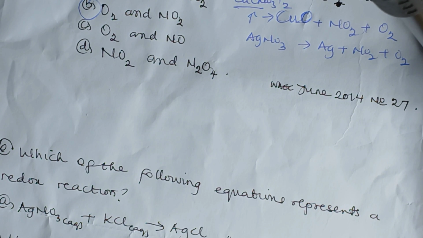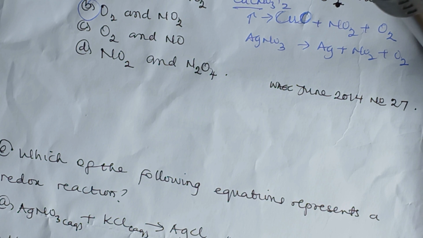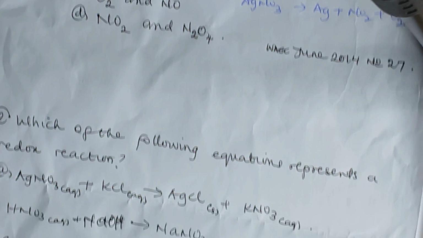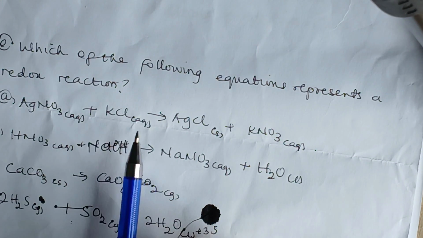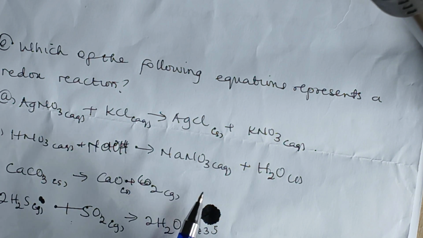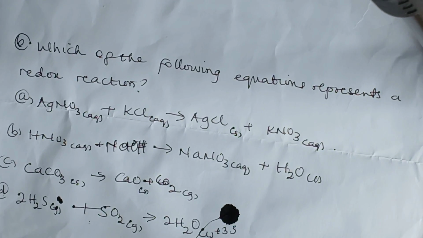Now from there we move on to the last number, which is: which of the following equations represents a redox reaction. You haven't been taught the types of chemical reaction.